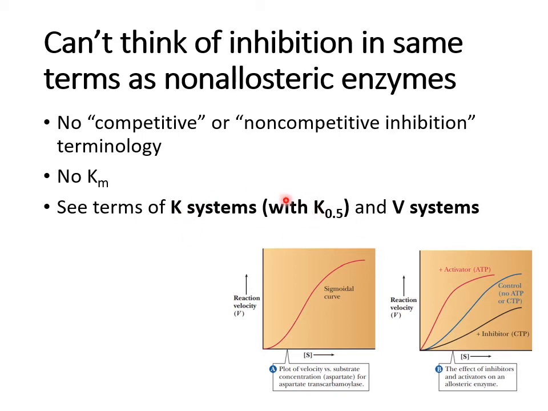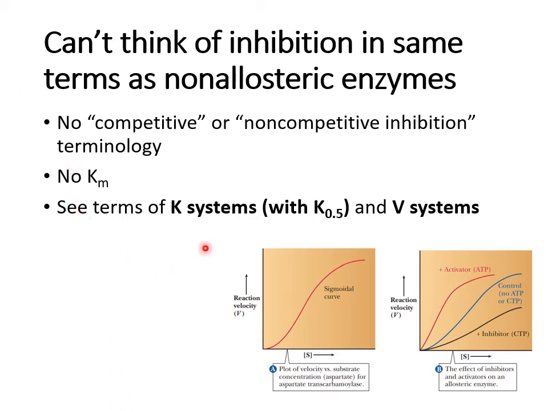When you see K systems and V systems, all that means is a K system is an enzyme for which the substrate concentration that yields 1/2 Vmax is altered by the presence of inhibitors or activators. I'll give a recap slide next for you to have the definition.